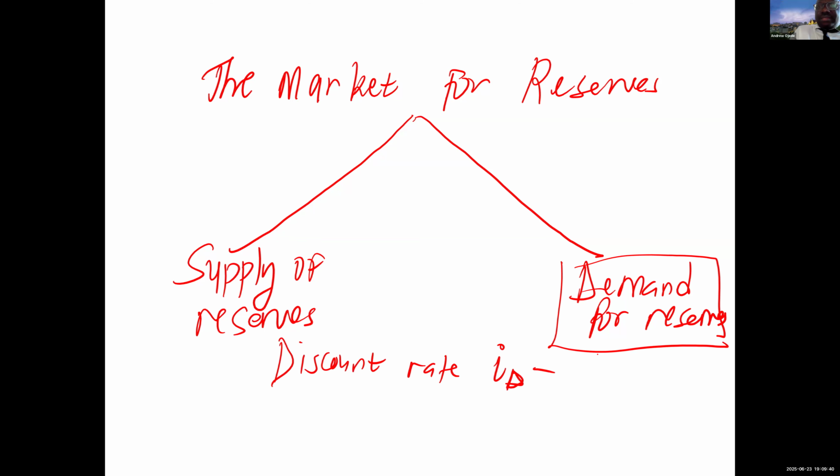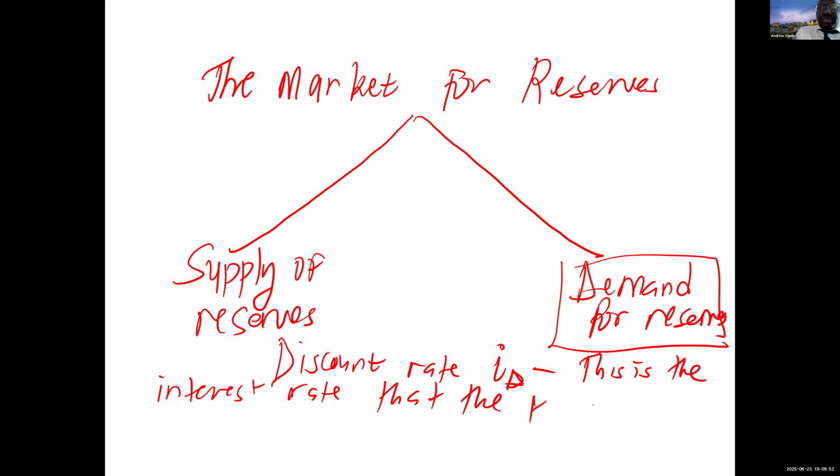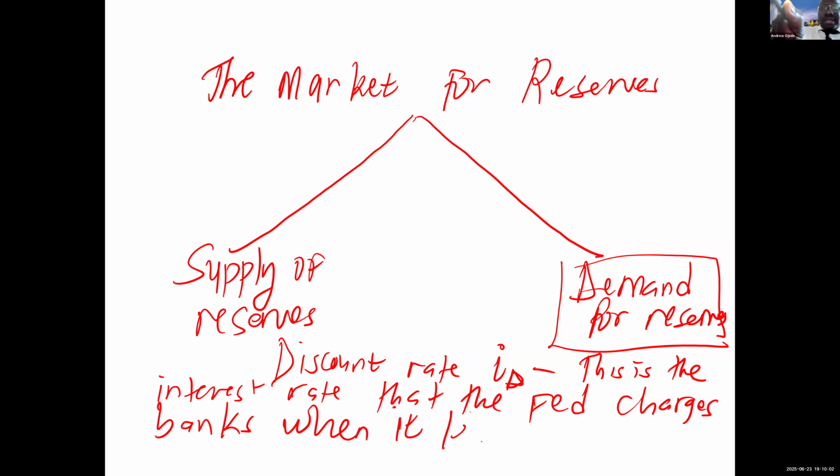This is the interest rate that the Federal Reserve charges banks, I mean private banks, when the Fed lends money to them. When it lends to them, the Fed is going to charge a discount rate. So that's going to be one interest rate.